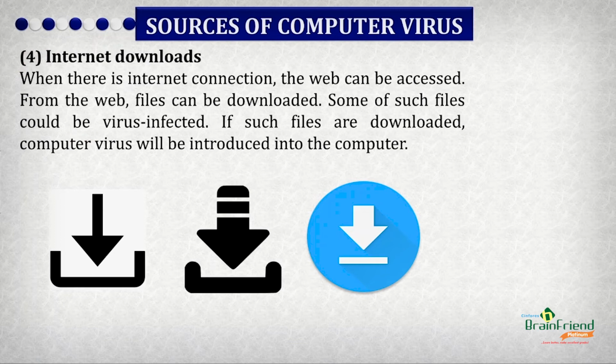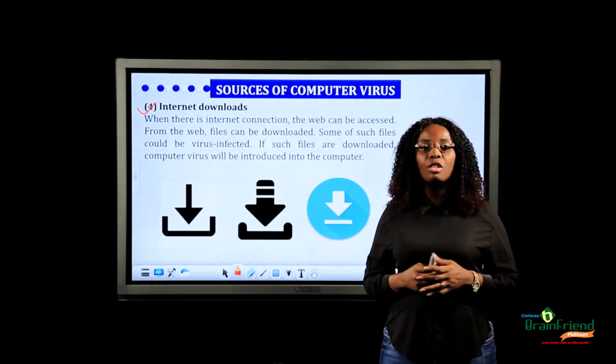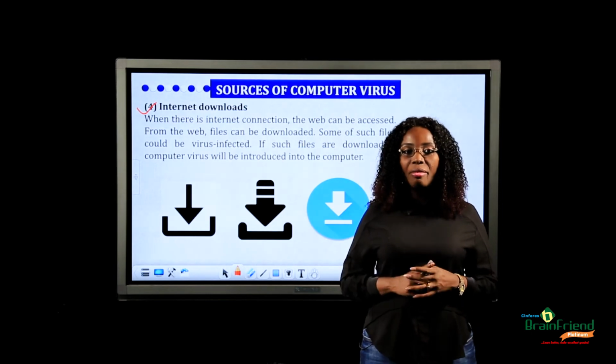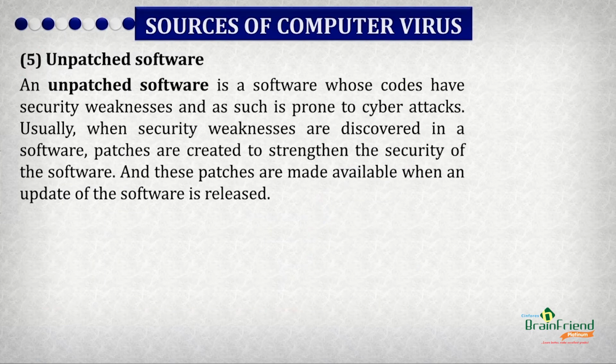Another source of computer virus is internet downloads. As it is possible to download files from the web, it is also possible to download a virus-infected file. That's why we should be careful whenever we want to click any of these icons. And lastly, we have unpatched software.